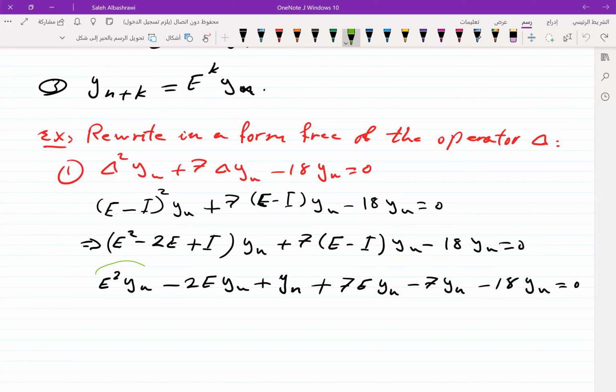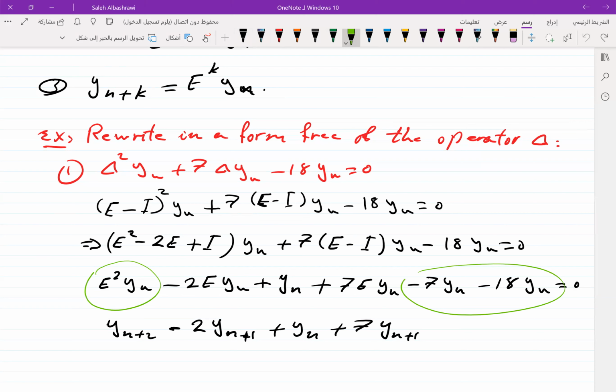Now E square y sub n will give me y sub n plus 2, shifting the value by 2. Minus 2 multiplied by y sub n plus 1, shifting just 1 unit. Plus 7 times y sub n plus 1. These two together you can combine, and the constants will be minus 25, equal to 0.